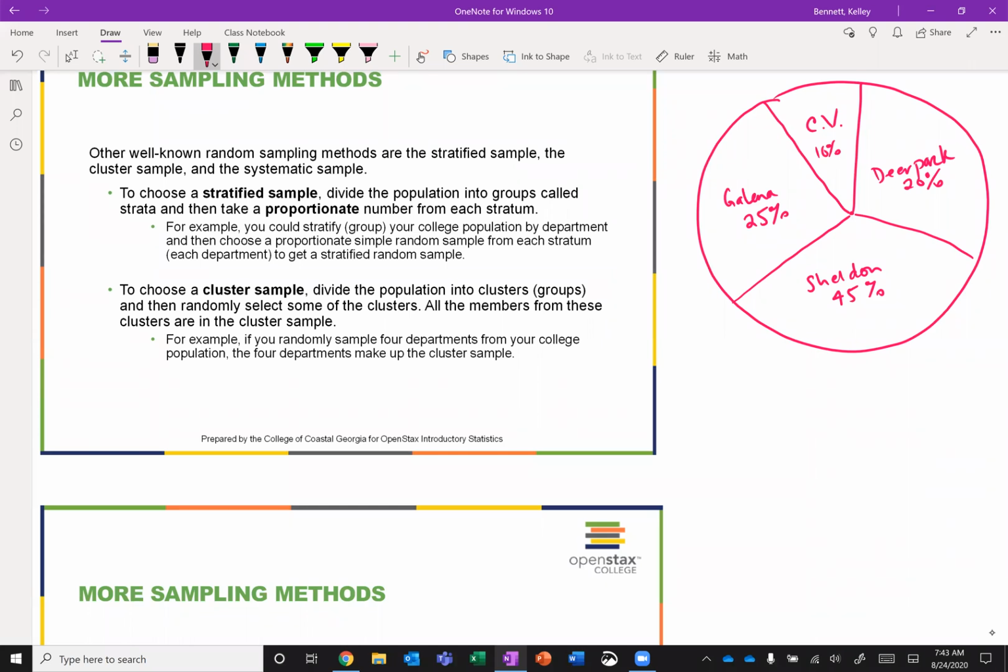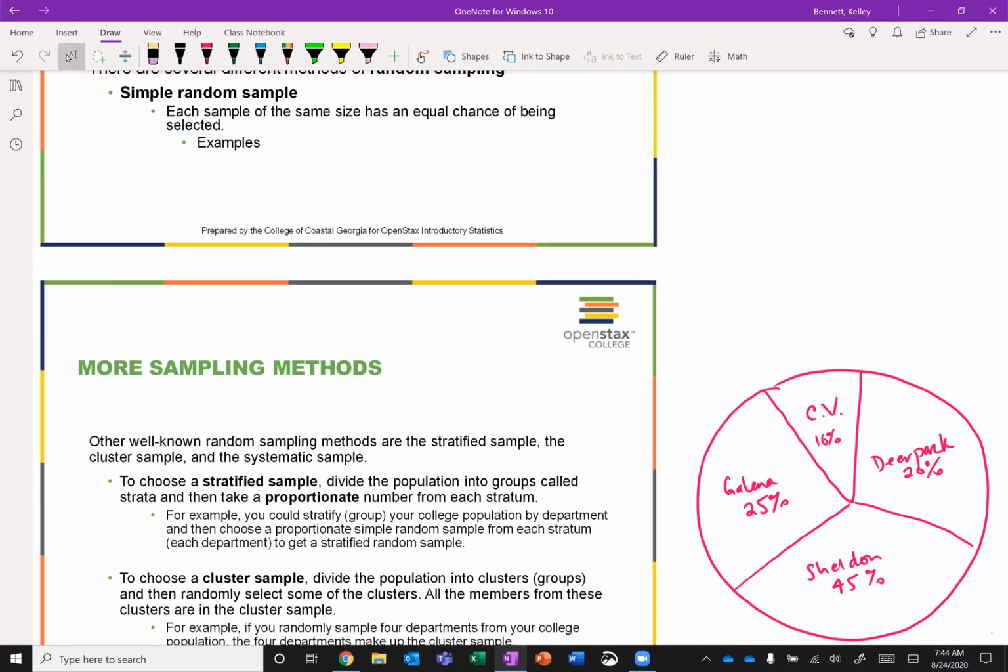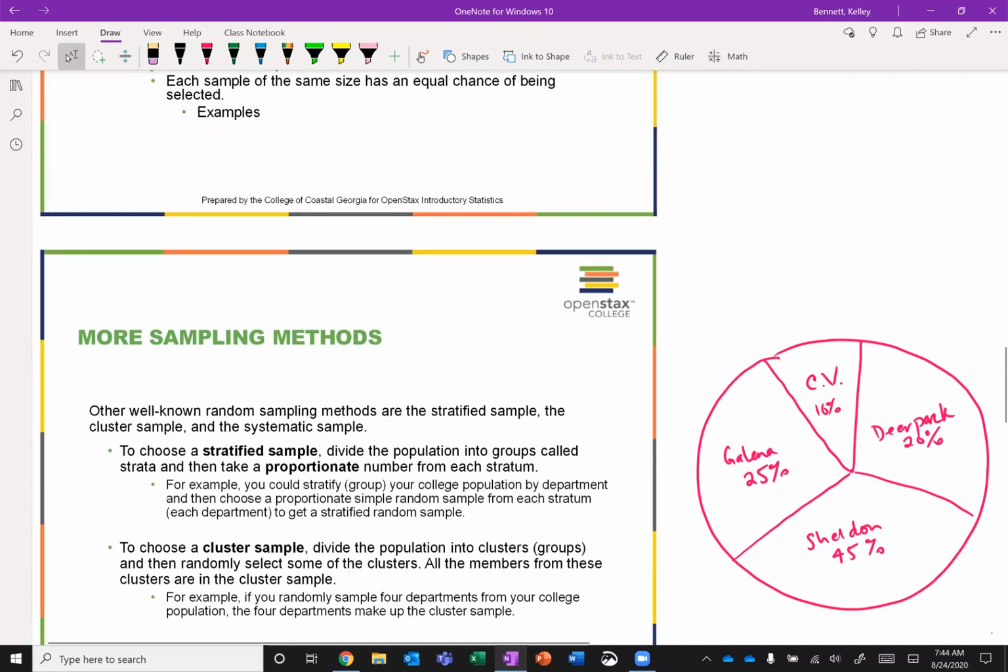By grouping them into these strata, now Sheldon is a stratum, Galena is a stratum, Deer Park is a stratum, and you can pull little individual samples from each one. Remember we talked about the simple random sample above, that's where every sample of the same size has an equal chance of being selected.